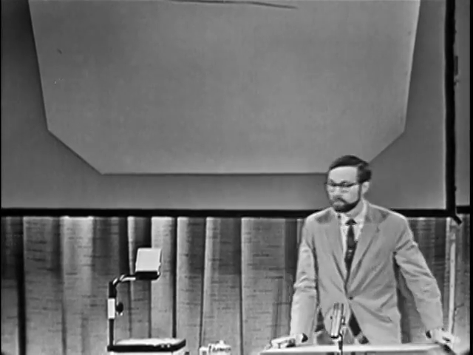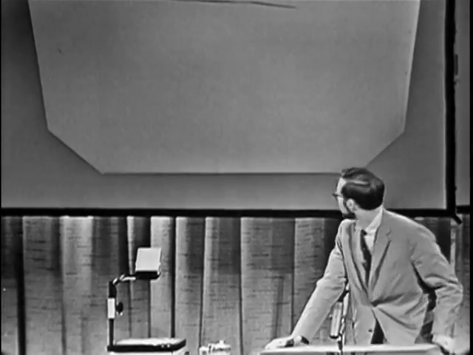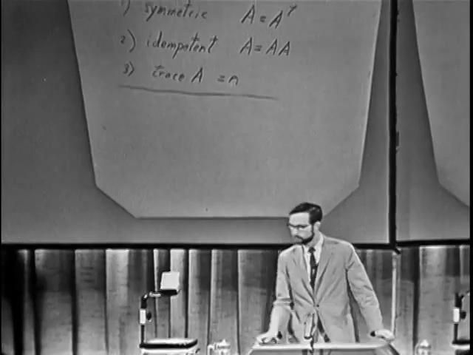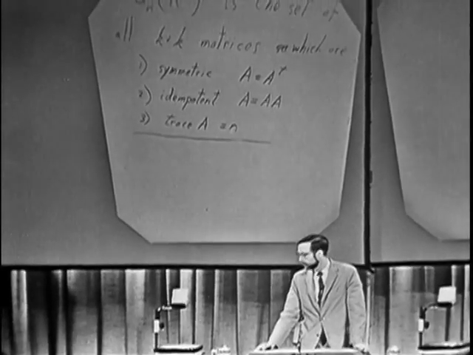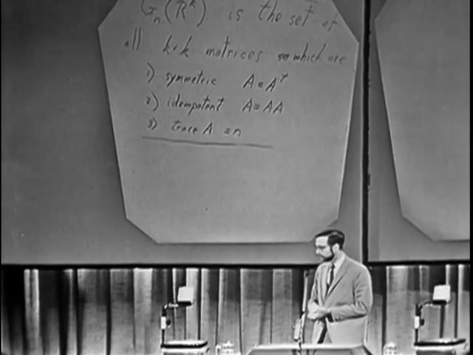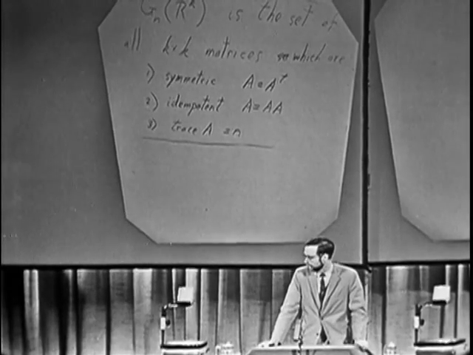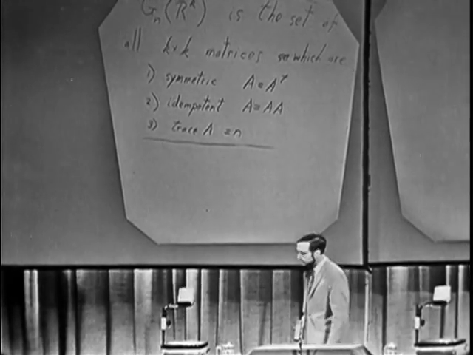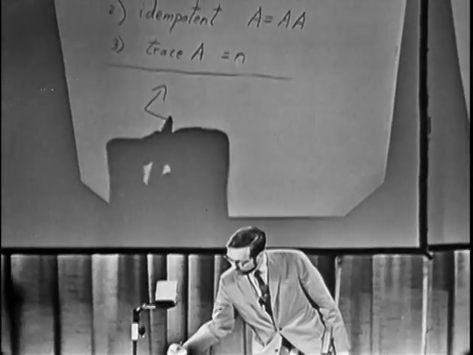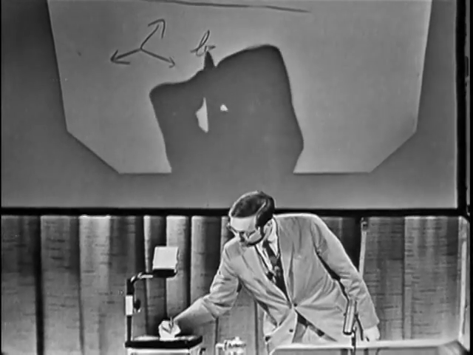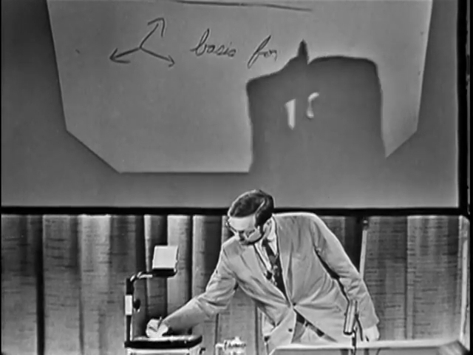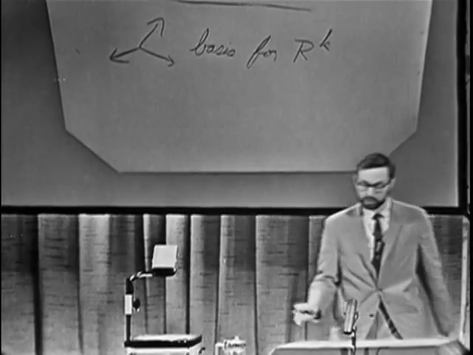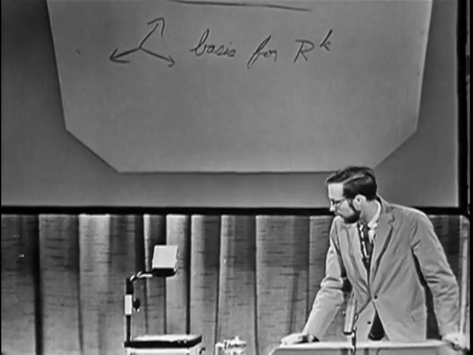Each matrix we can think of as describing a linear transformation from the vector space Rk to itself. Now, if such a matrix is symmetric, it means geometrically that we can find an orthonormal basis for Rk consisting of eigenvectors of this linear transformation. That is, each of these vectors is carried into a multiple of itself by the corresponding linear transformation.